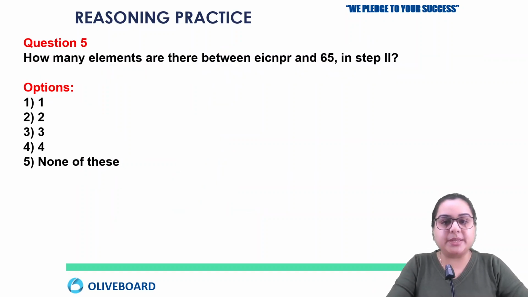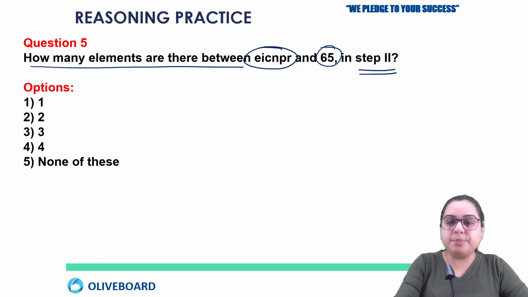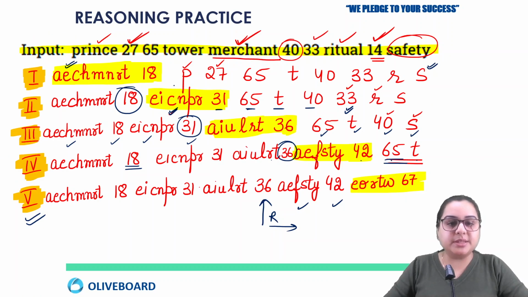Okay, right. So the next question: how many elements are there between, this is the arranged form of the word prince, and the other one is 65, which I think is unarranged, in step number 2? So between prince and 65 in step number 2. Here you have this word prince and here you have 65.